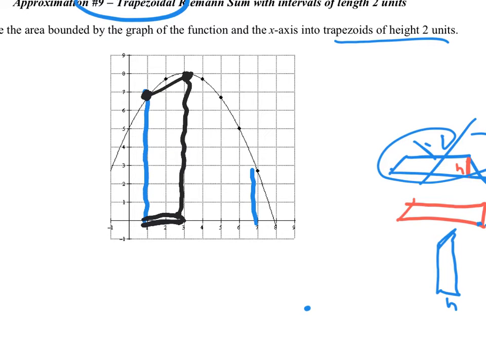Isn't that cool? And if I go to the next 2, there's the bottom, and now I connect these two. The trapezoidal rule actually is a better approximation than the rectangle Riemann sum.